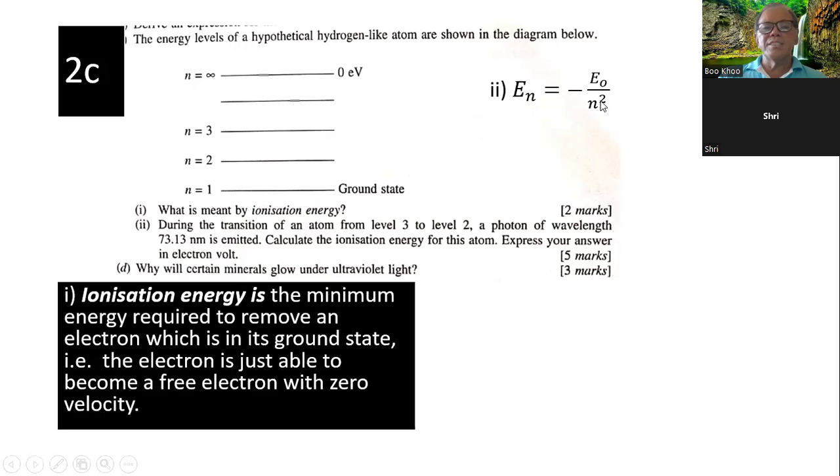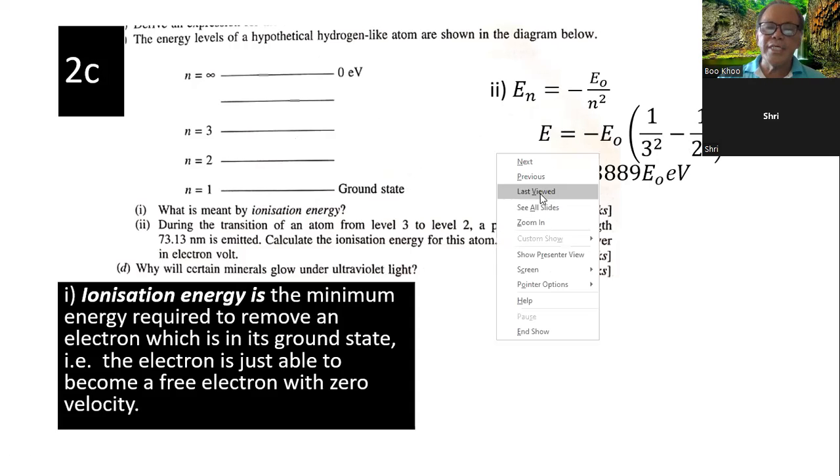En is E naught over n squared. E naught is this one. So you want n=3 to n=2. Calculate out. These are in electron volt.